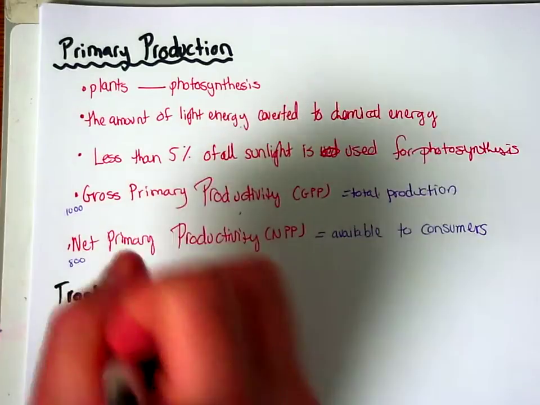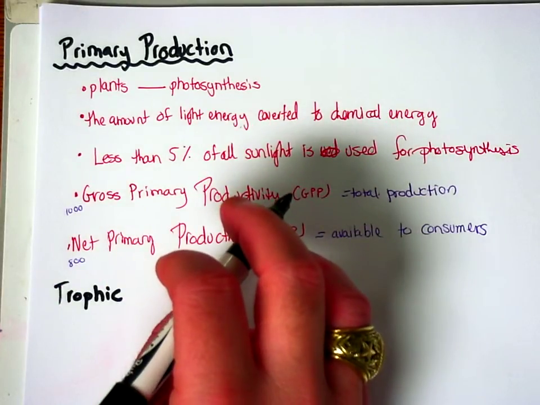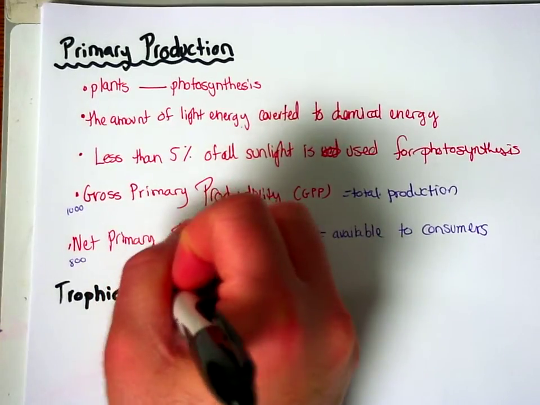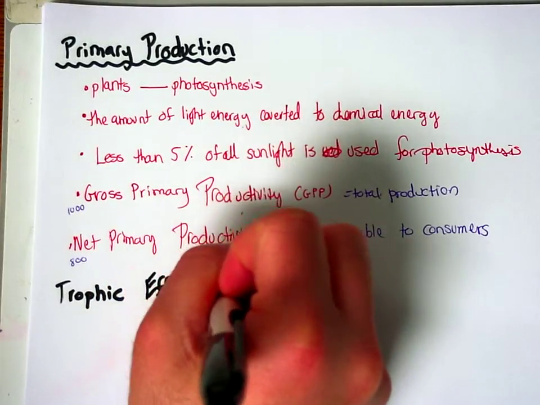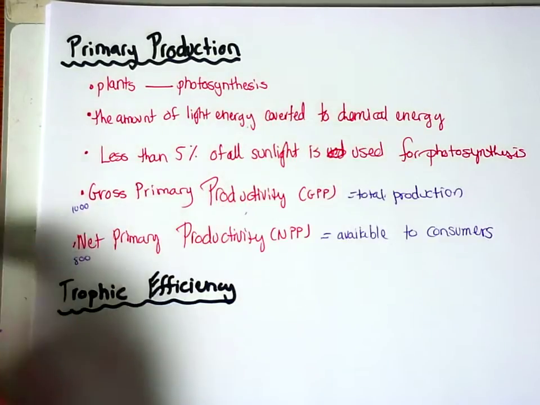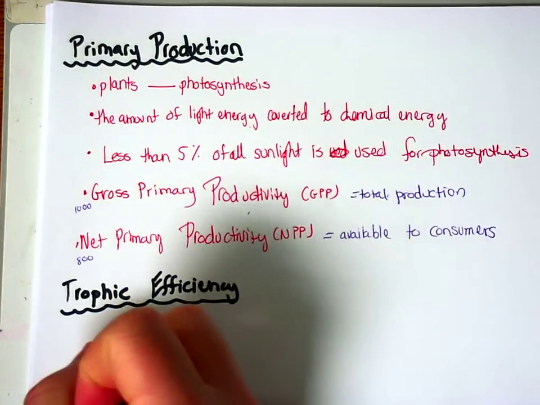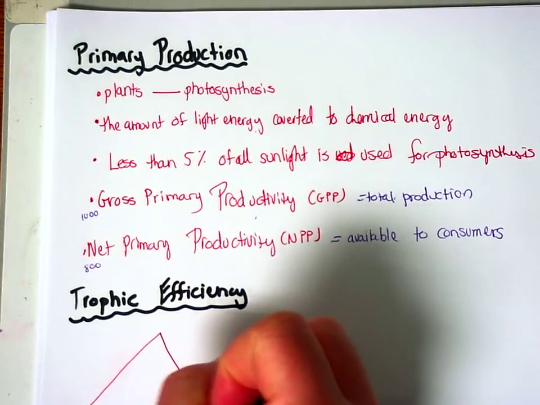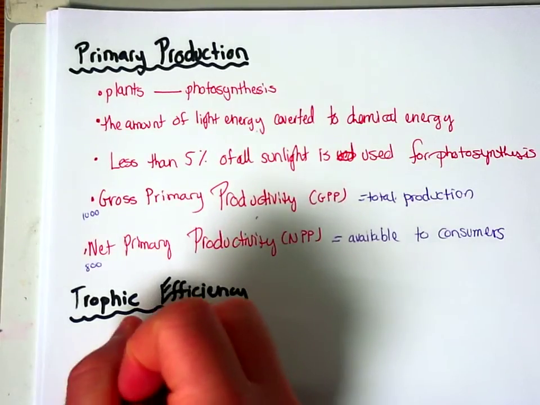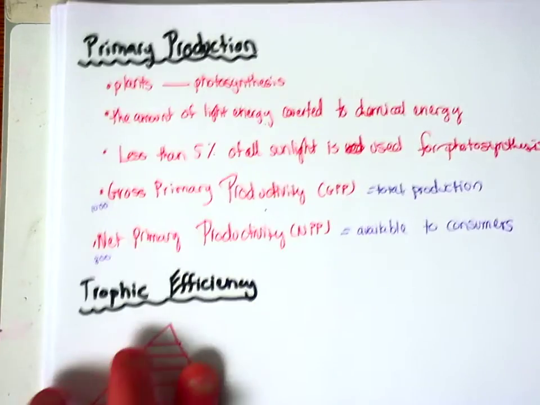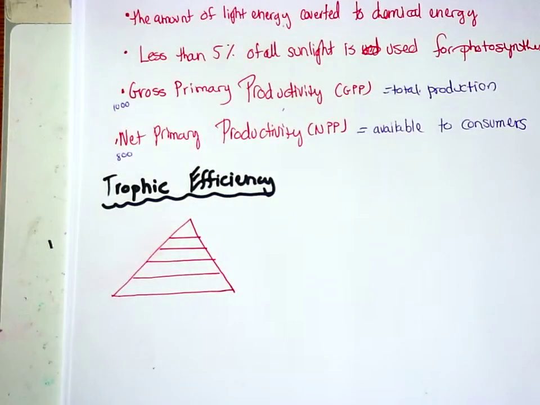You all know about a food chain, right? You've seen those before. Trophic efficiency is basically how efficient a system is as you go from one trophic level to the next. It studies how much throughput you would have from one level to the next, or how much energy you could transfer.